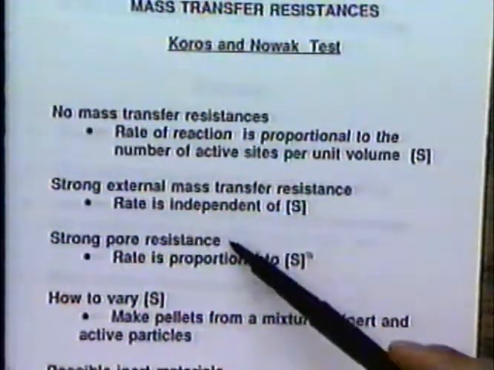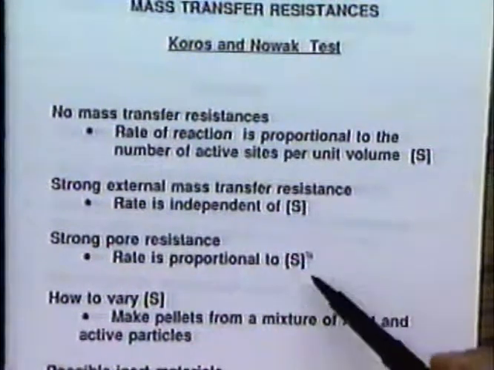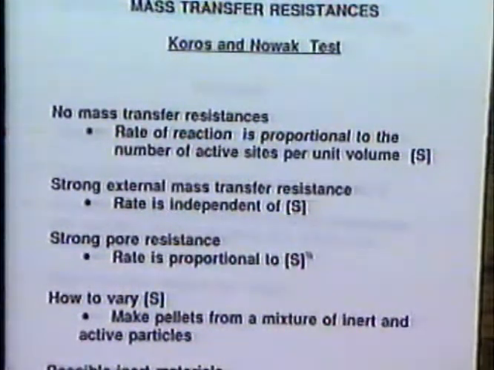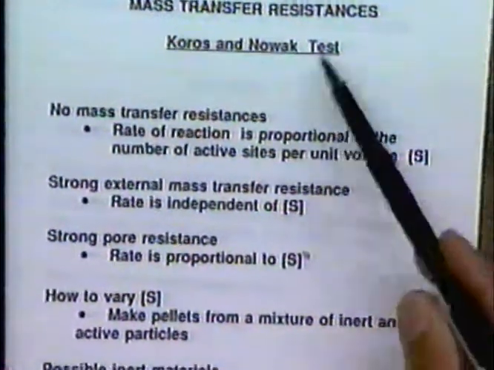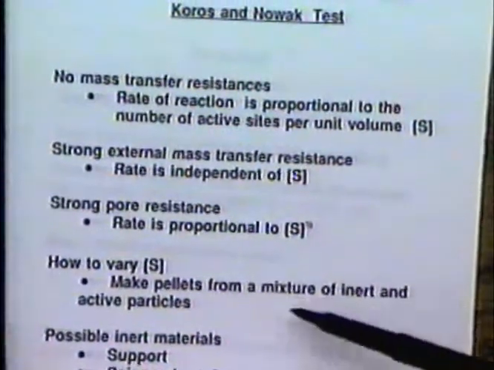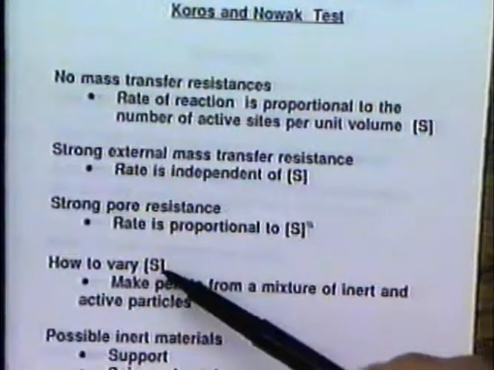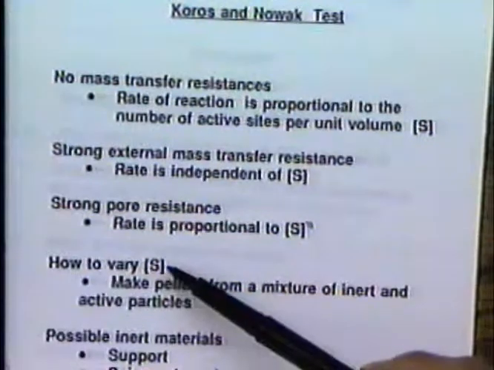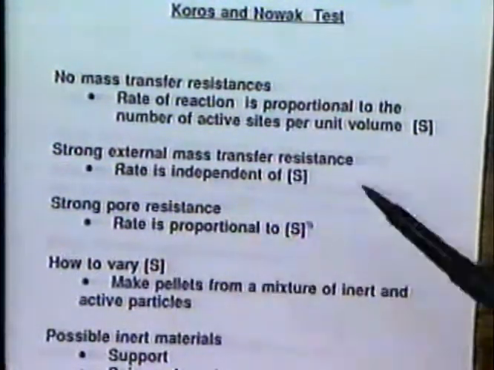When we have a strong pore resistance, the rate is proportional to the square of the number of active sites. Therefore, what these authors proposed was that we should make pellets with a variety of numbers of active sites per unit volume.